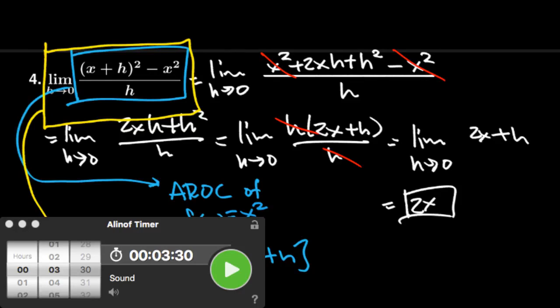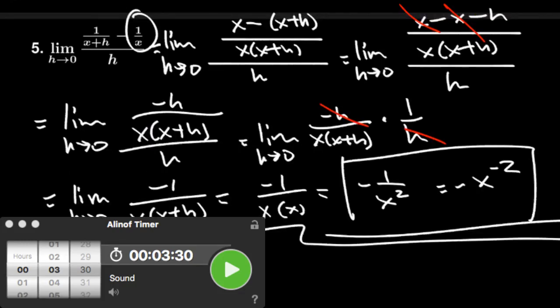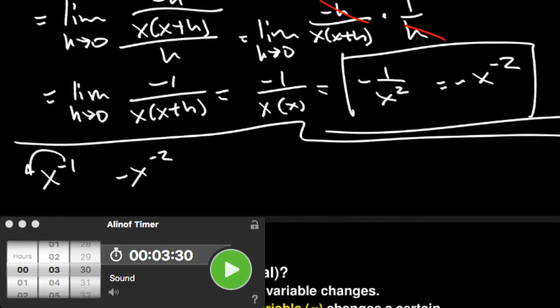So the power came down and you subtracted 1. Here, the power came down and you subtracted 1. So negative 1 times x, and then negative 1 minus 1 is negative 2. Just saying, real quick. But yeah, that's a pattern that'll be useful to notice later on.